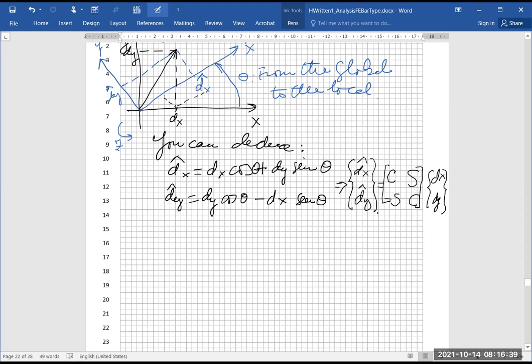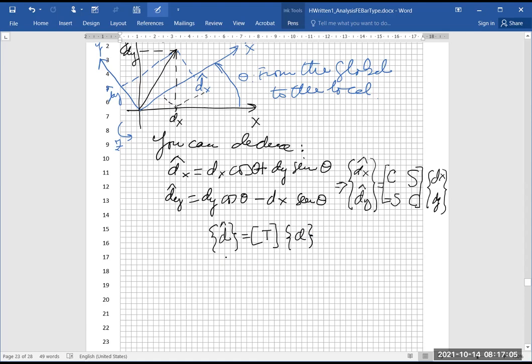I suggest you keep this in your memory. So in a compact way, we write like this. The vector in the local reference system is equal to a transformation matrix T, which is this one here, cosine sine minus sine cosine, multiplied by the components in the global reference system.